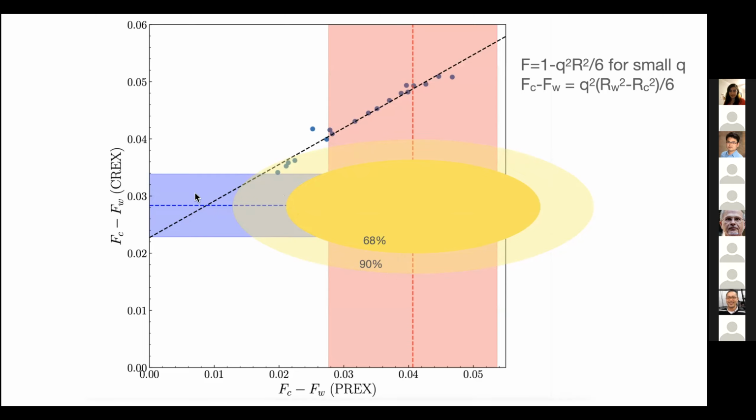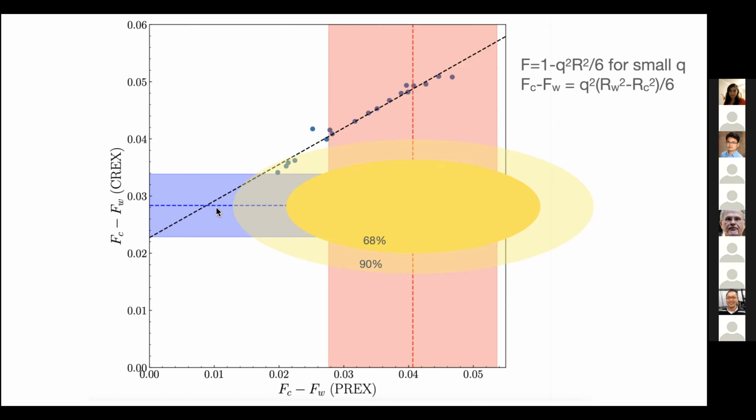And then here we have a series of relativistic mean field models, and PREX alone was getting a thick skin up here, but now with CREX and its thin skin, we're favoring models which are actually somewhat below the 1 sigma error bar for PREX.